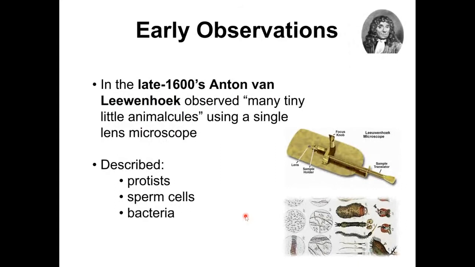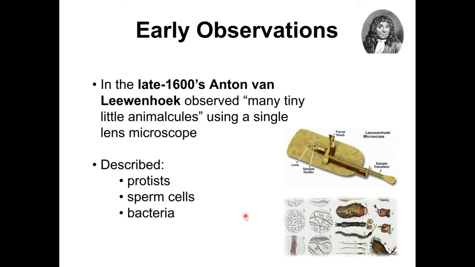Now, the first association between cells and life is attributed to this other scientist, Anton van Leeuwenhoek, in the late 1600s, so a few decades later. He was looking at different samples, from ponds to biological samples and so on. And what he noticed is that in these samples, he could see tiny little things similar to cells that were actually moving.